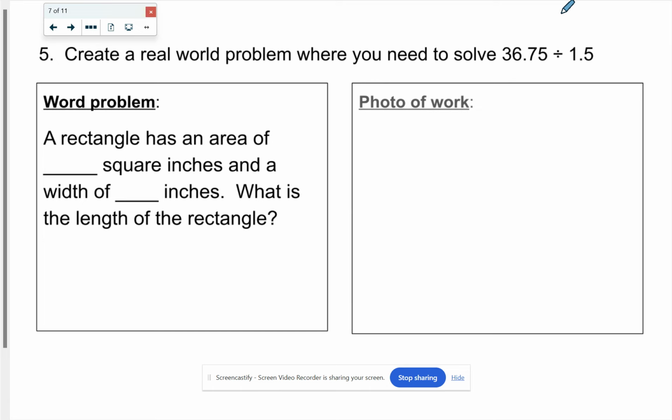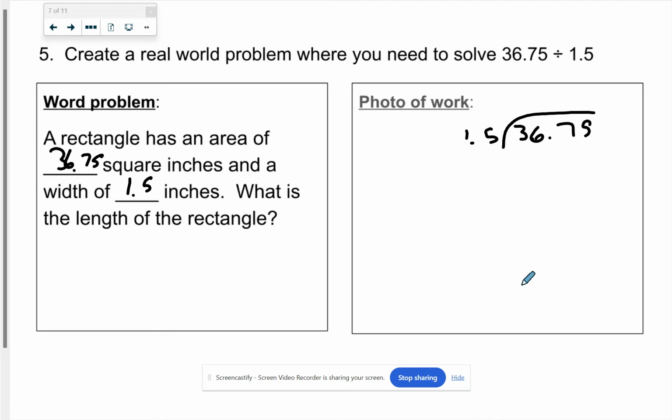Create a problem where you need to solve 36 and 75 hundredths divided by 1.5. All right, I took a sample from the sample guide. A rectangle has an area of 36 and 75 hundredths square inches and a width of 1.5 inches. What is the length? So we need to divide here because we want to work backwards. We have the area, we want to divide by the width to get the length.